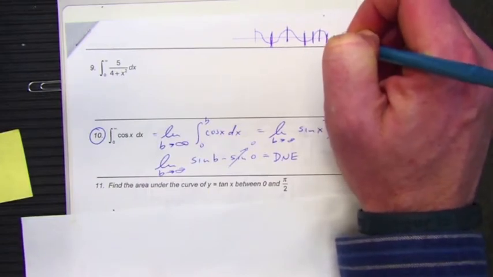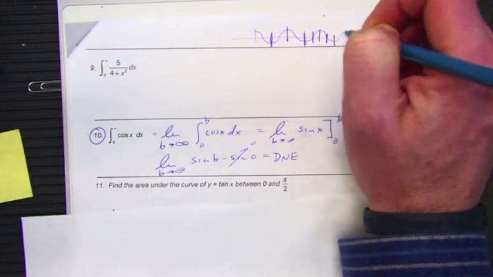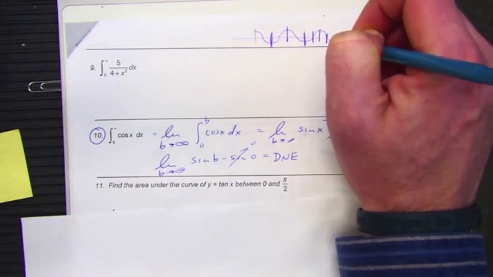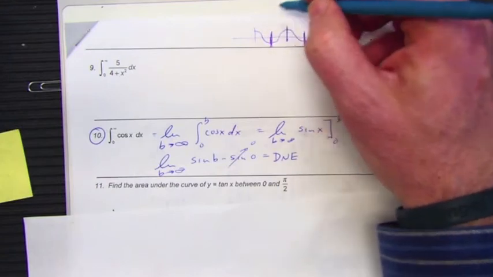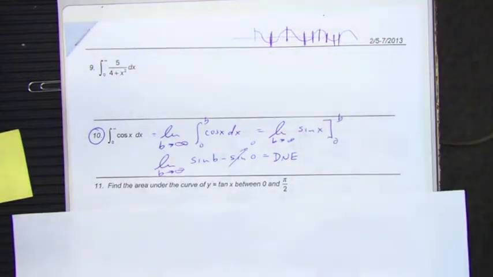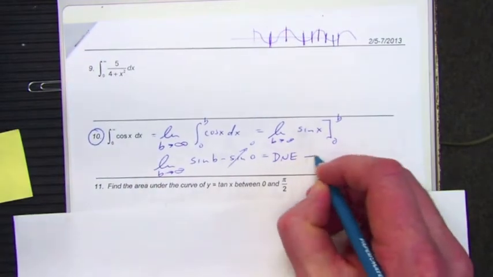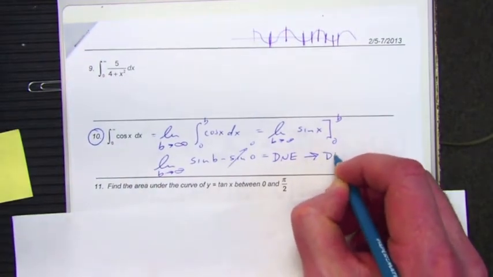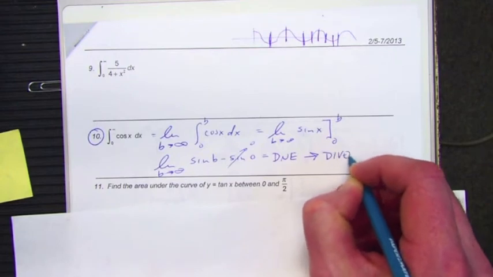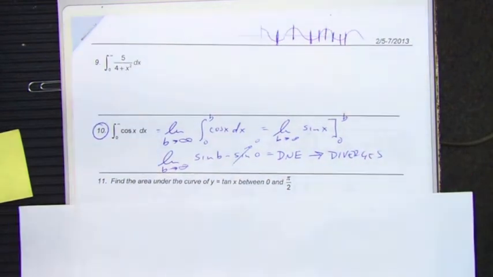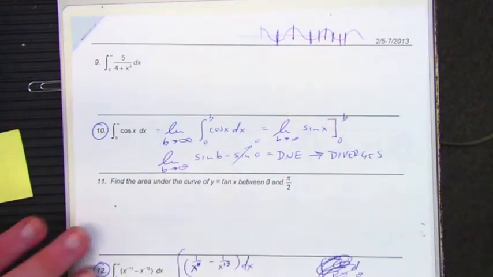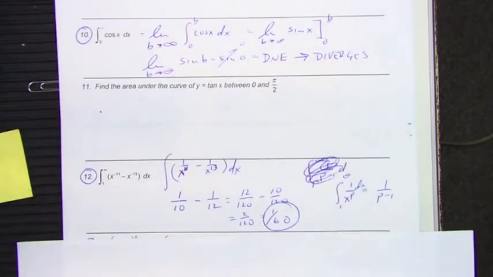What's it here? 0 again. What's it there? Negative. But it keeps changing depending upon where we are. So can we absolutely say the value? No. We could also say, because it does not reach a value, that it diverges. Okay?